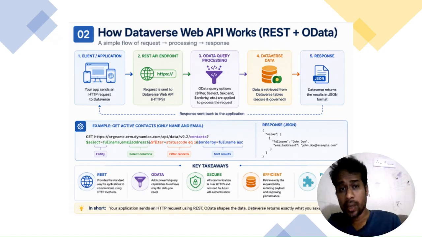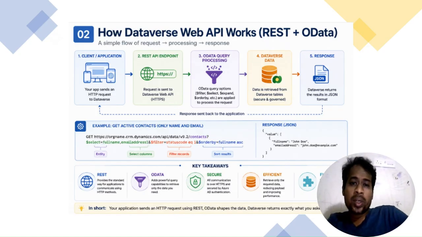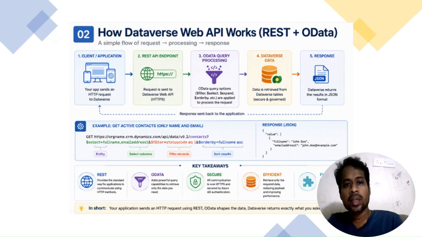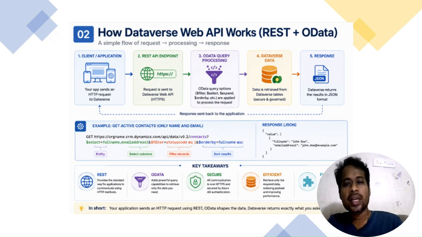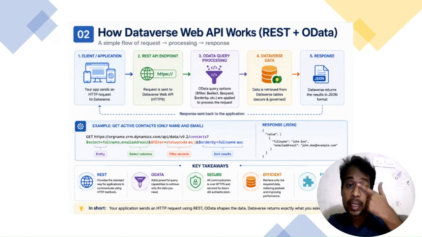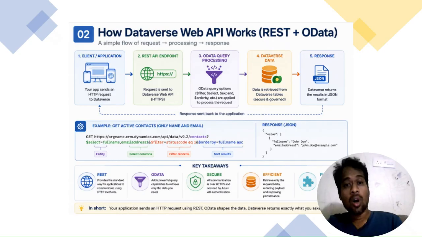In point two, you can see the request API endpoint, which is nothing but the Dataverse Web API endpoint. Dataverse exposes a REST-based web API because it follows REST principles and uses standard HTTP methods such as GET, POST, PATCH, or DELETE. All these are verbs that you can perform using web APIs. In our example, since we are reading data, we will use a GET request.